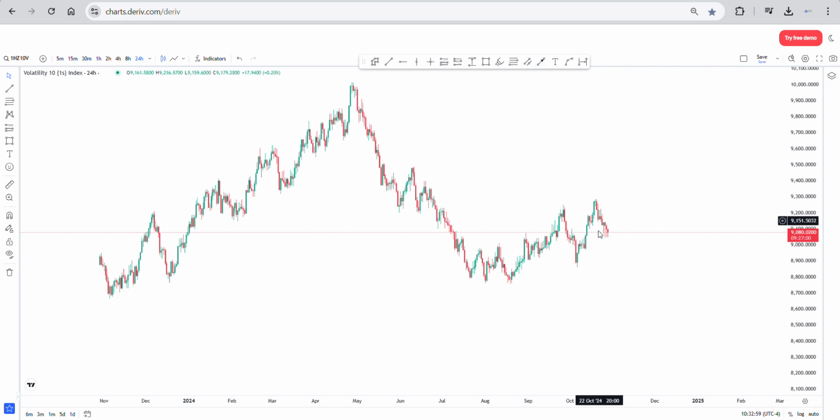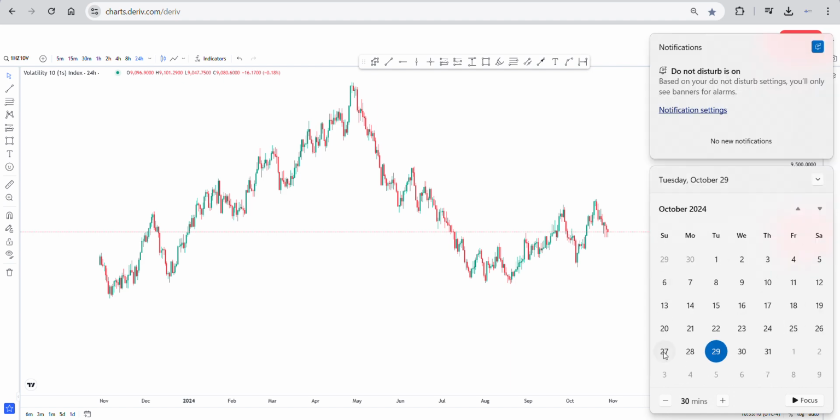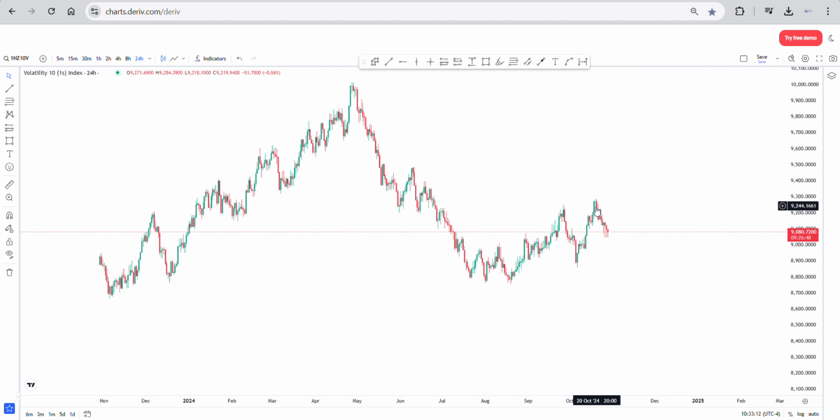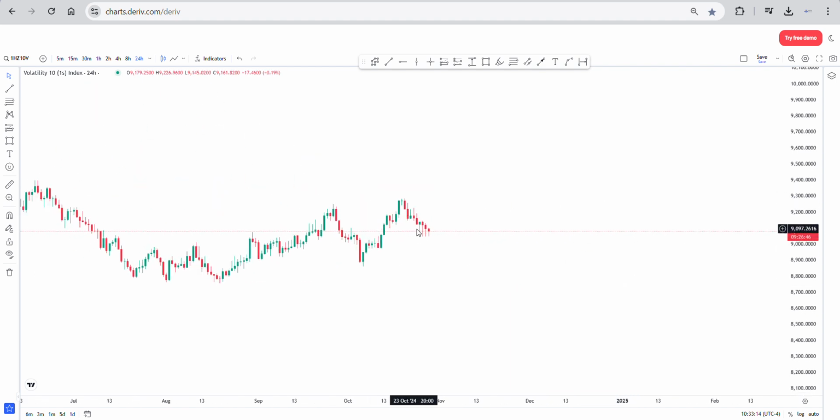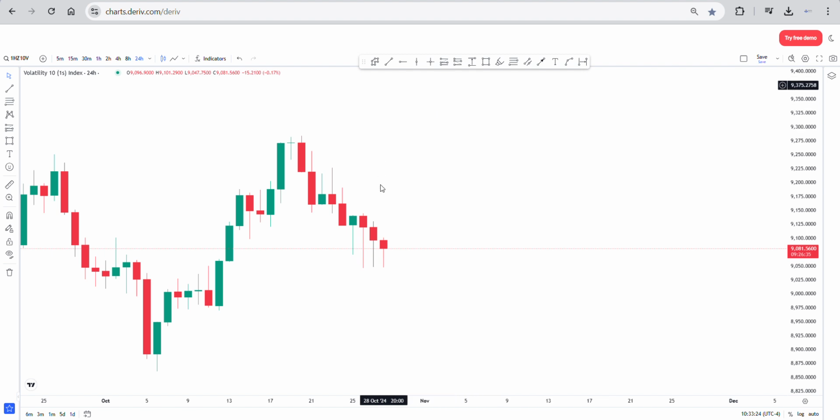So let's just say, what was Sunday's date? Let me check. Sunday was the 27th. Okay, so we are looking for the 27th candle. So this is the candle, all right, this particular candle.